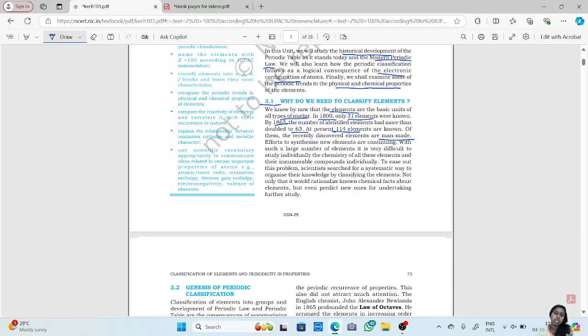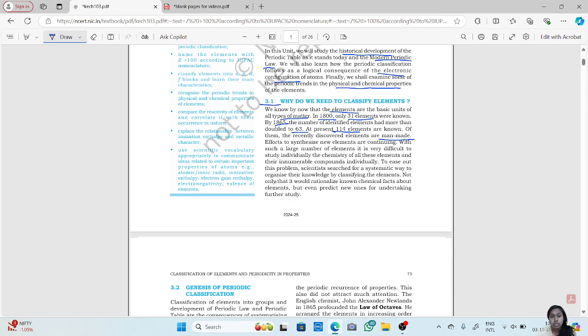If it is arranged in an order, it will be convenient for us to learn their properties and how their compounds will be formed, and we can get some of their properties from their arrangements also, right? So to ease out this problem, created by the large number of elements, how to study the chemistry of all these elements individually, and the compounds they form, what type of compounds they form.